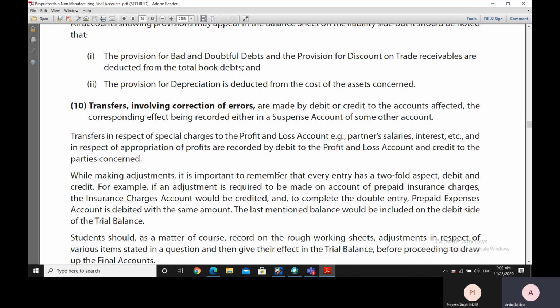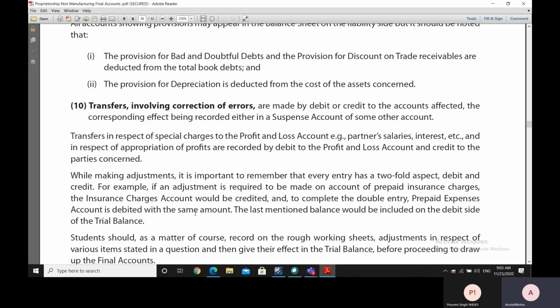Now we have to remember while making adjustments that every entry will have a double effect, a double aspect. One is the debit and one is the credit. For example, if we are making an adjustment due to prepaid insurance charges, then the insurance charges account would be credited, and we'll have to make the second entry also. To complete the double entry, we will debit the prepaid expenses account with the same amount.